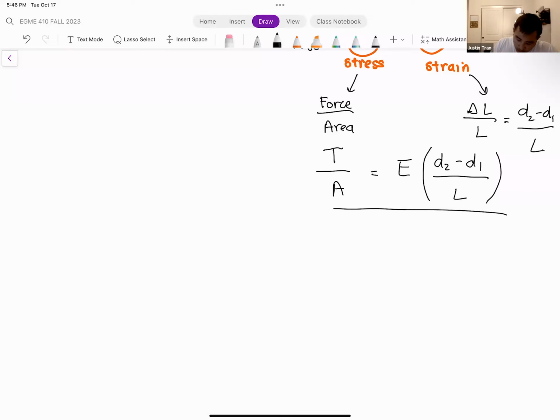Now I'm going to multiply both sides by A, and pull L out of this fraction. To do that, we get T is equal to AE divided by L times (d2 minus d1).